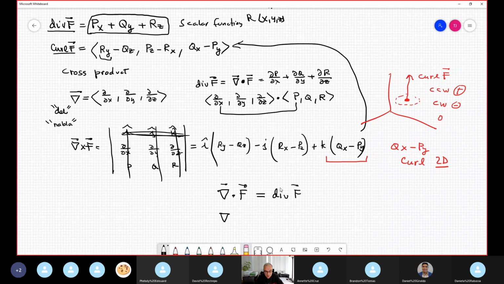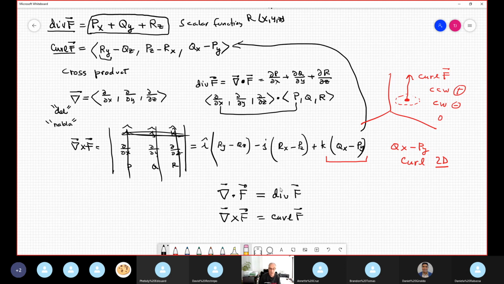Now you see del cross F is curl. And the interpretation of divergence is exactly the same: source, sink, or source free when it's 0. And for the curl, the new thing is a new formula, more complicated, of course. And also, it's a vector. So the answer is a vector.